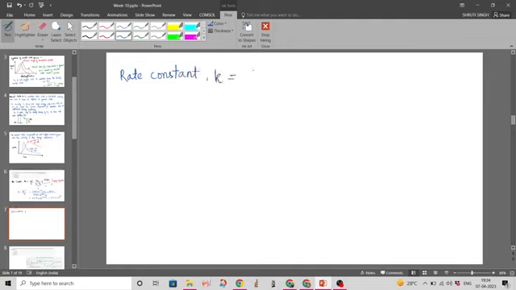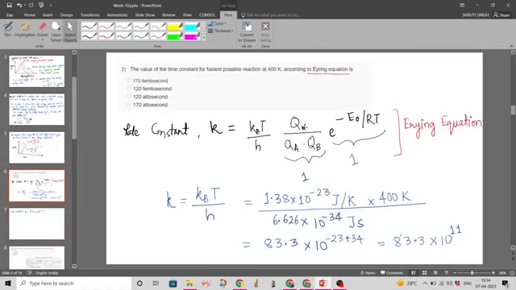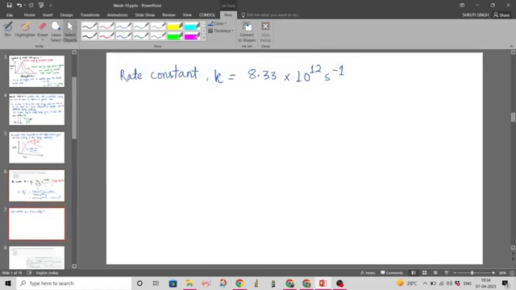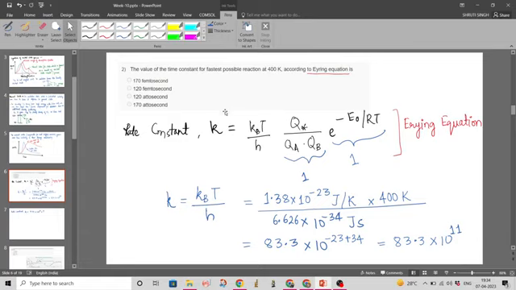The rate constant is 8.33. I have written it in scientific notation, 10 to the power 12 per second. Here it was 10 to the power 11, I have shifted the decimal here, so it is 10 to the power 12 per second. Now in the question we have not been asked the rate constant, we have been asked the time constant.